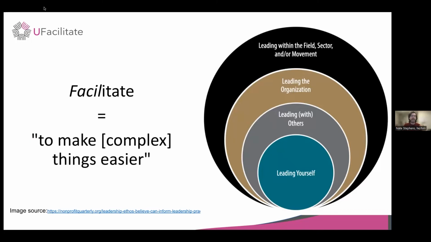Our intentionality behind that influence really determines everything. So this image, and the idea of the ripple effects, is behind what I'm going to be introducing as the new tool and idea today.